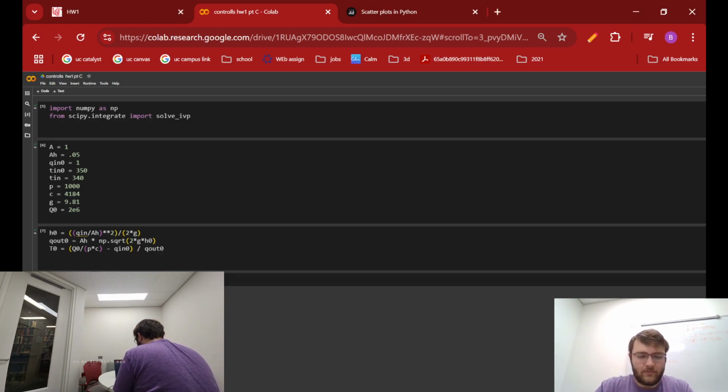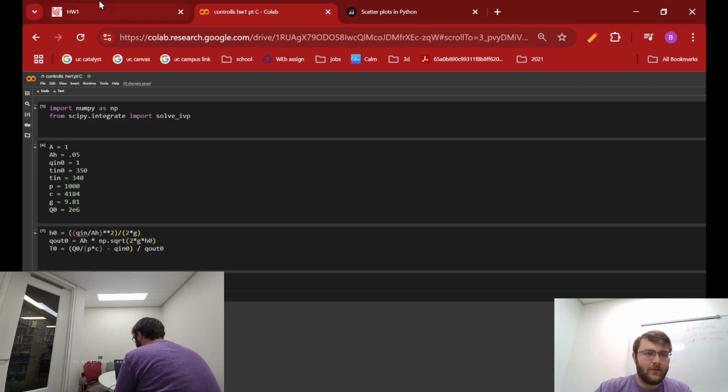So define right hand side in terms of time and a vector where temperature and height can be replaced by the vector.